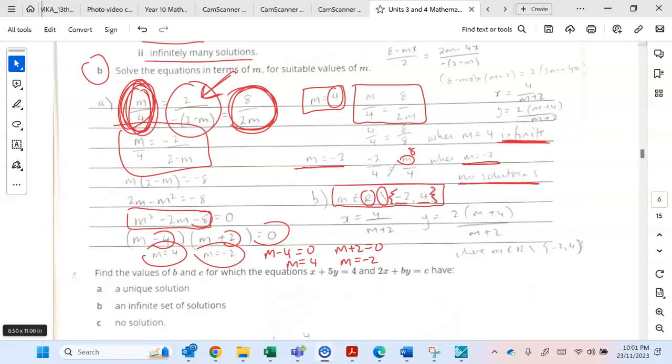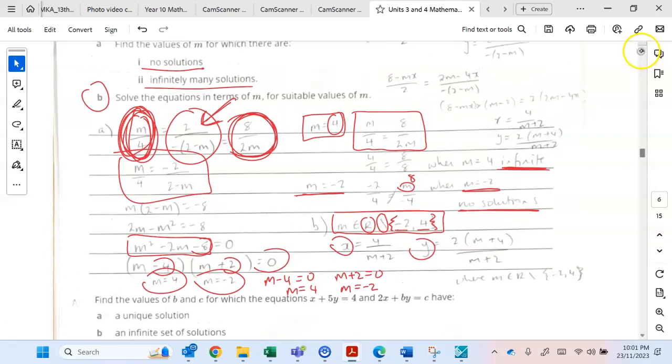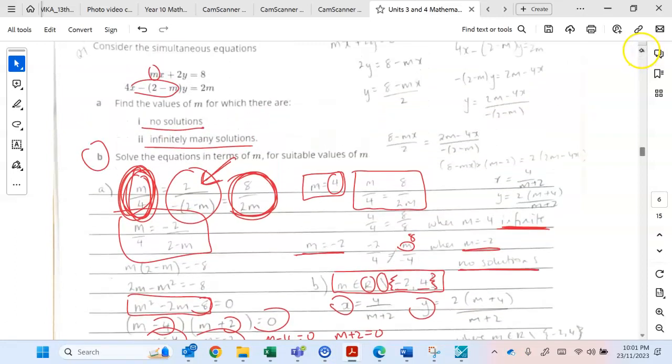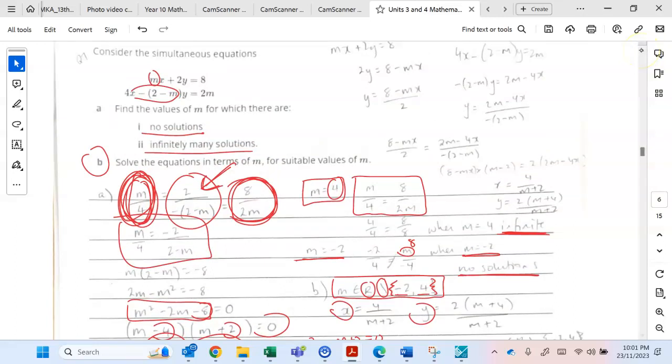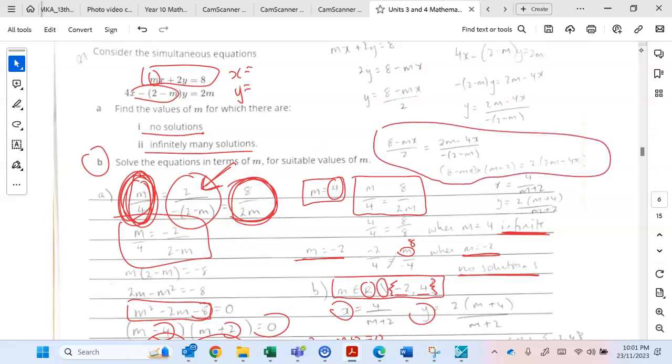All right, so solving for x and y. So if we go back to the question, just going back up here. It's just rearranging your equation to get it x equals and then y equals. And you can see I've kind of done that here. Further down as well, sorry. It's getting a bit late.